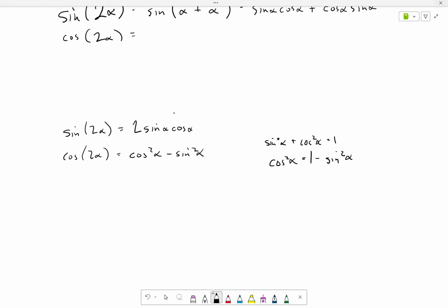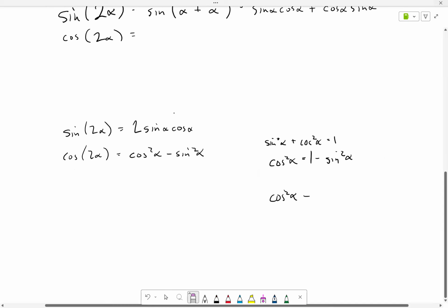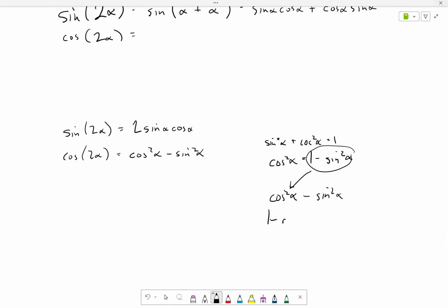I'm going to do my work on the side here. So here's my double angle for cosine. I'll substitute this in here. So I get 1 minus sine squared alpha minus sine squared alpha.